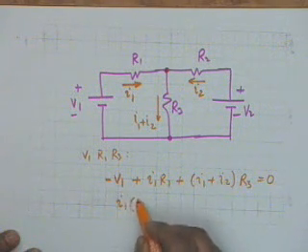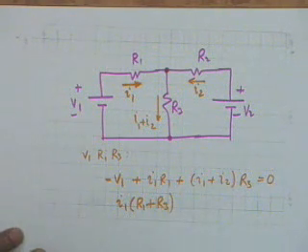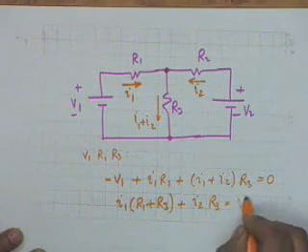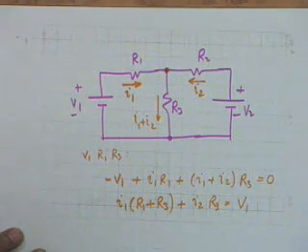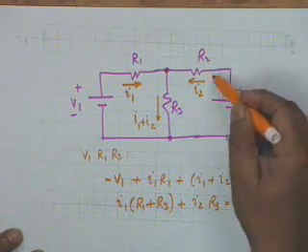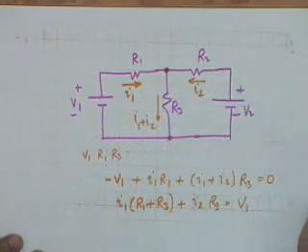Which I can write in a slightly different manner. I can write, by simplifying, I1 times R1 plus R3 plus I2 R3 is equal to V1. The second loop now, let us take this loop, that is V2 R2 R3.